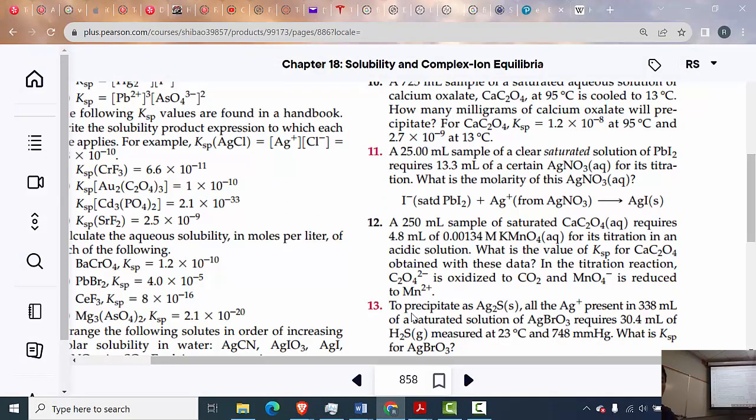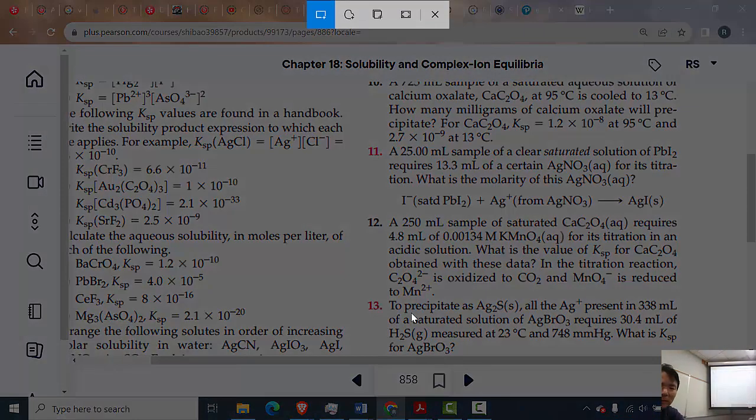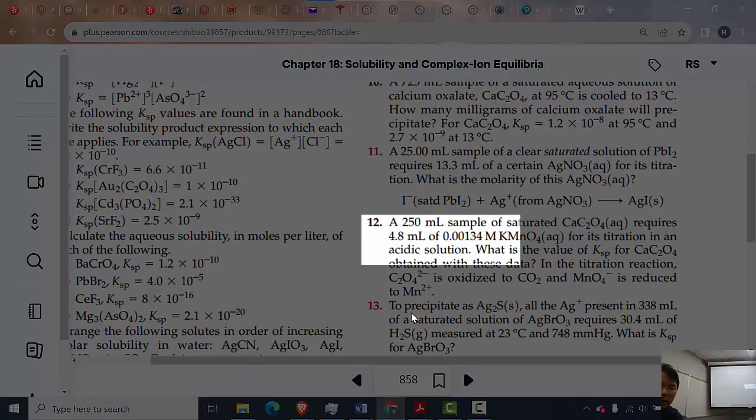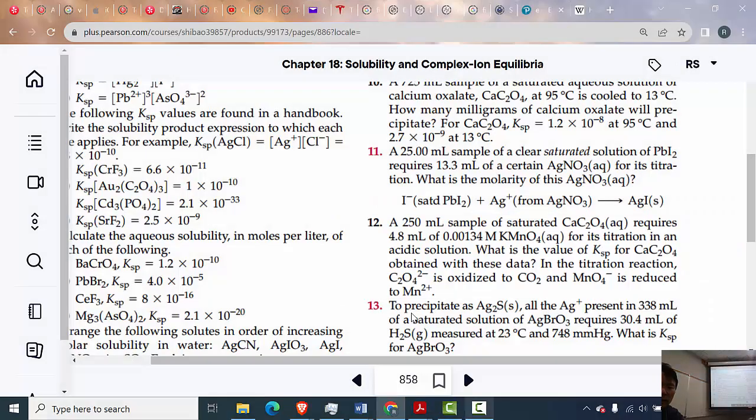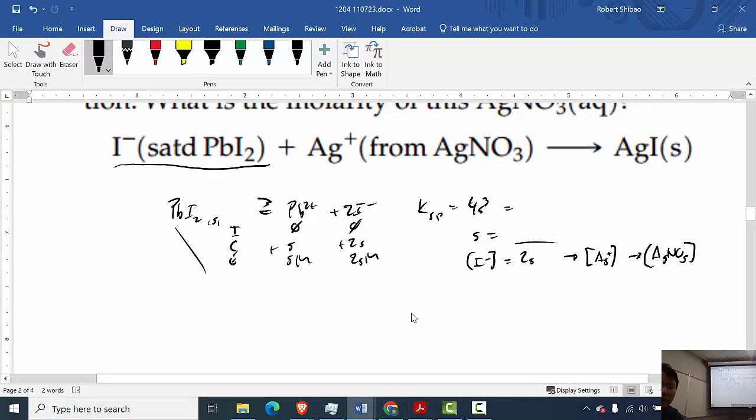The next problem is not. The next problem is a bit different. And this one would be a little bit easier to see, probably.